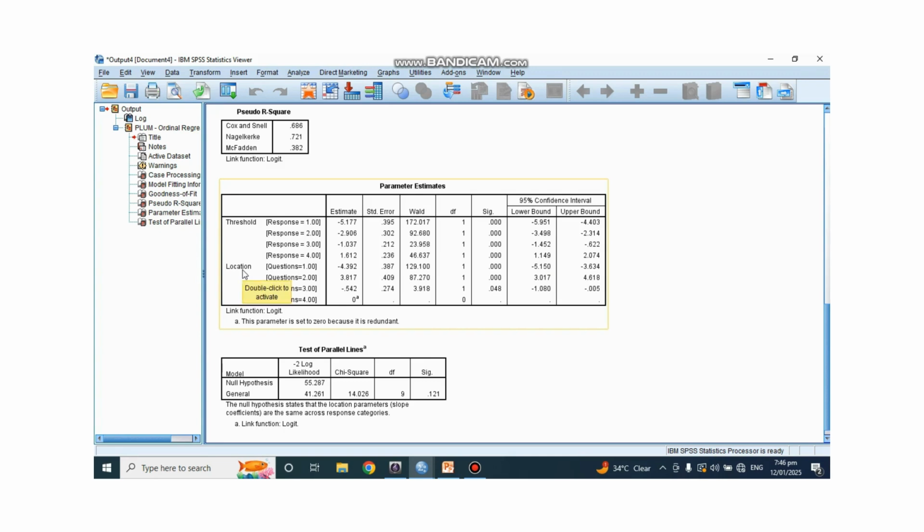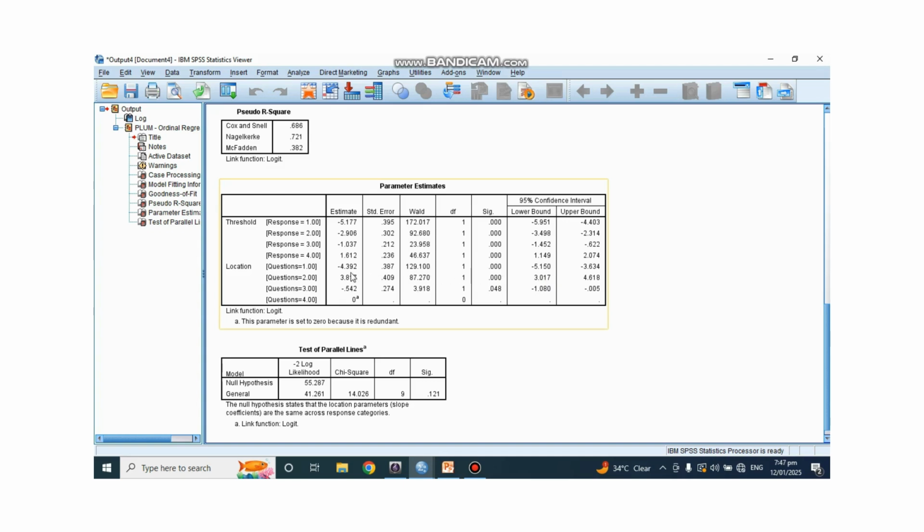For the location, each question here represents a specific type of agricultural policy. So we have the current policy, subsidy, and so on. For question 1, we can see that the p-value is significant, and this suggests a strong negative impact on the market price of maize.